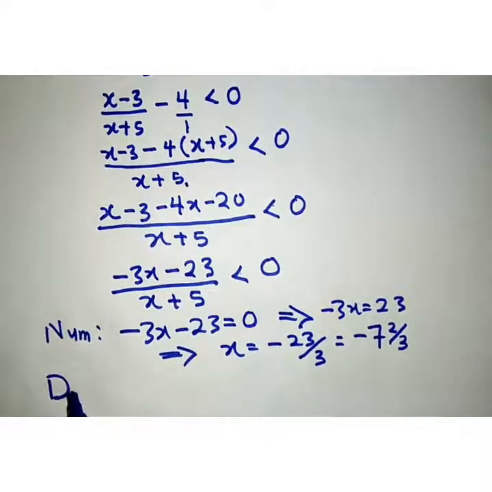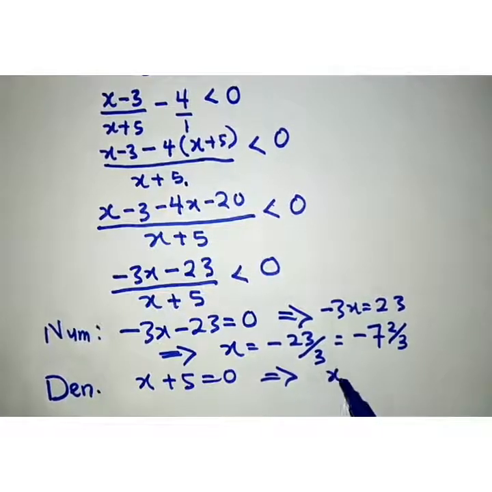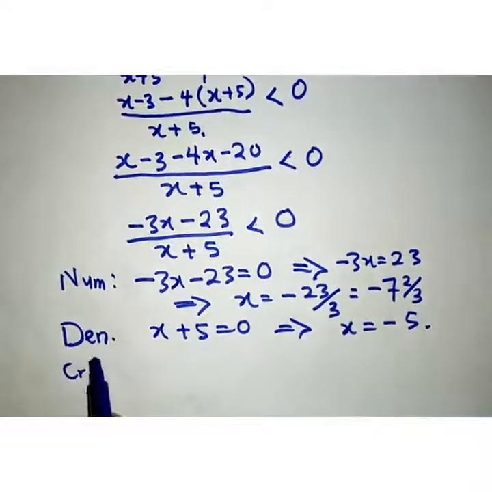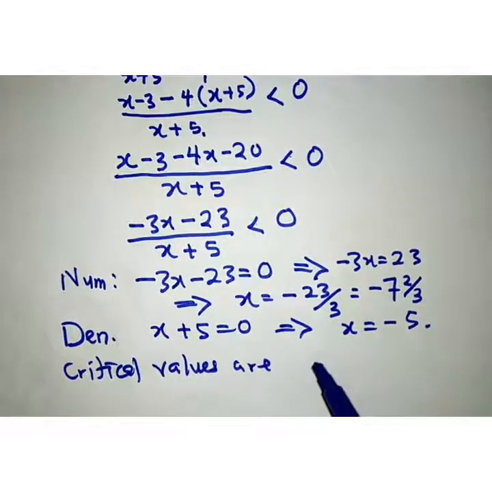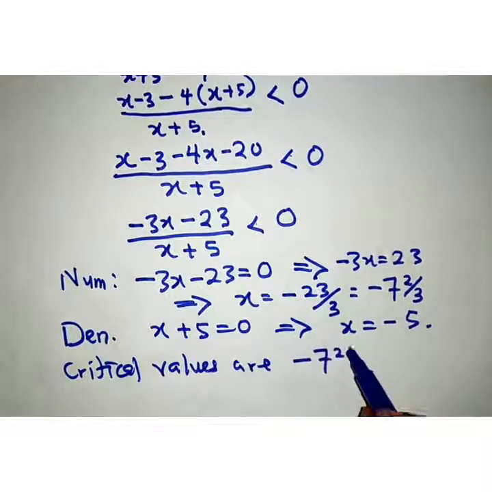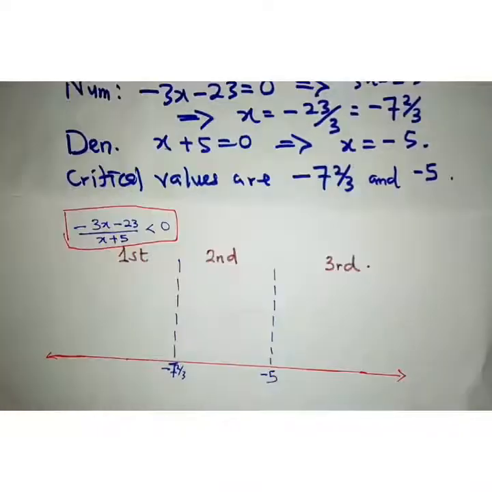And then for the denominator, we have x plus 5 equals 0. That implies that x equals minus 5. So our critical values are minus 7 and 2 over 3 and minus 5.